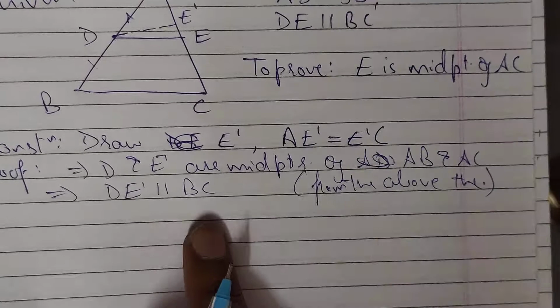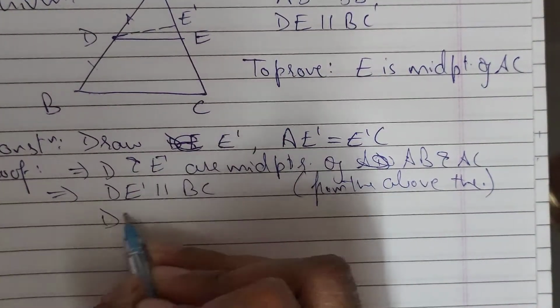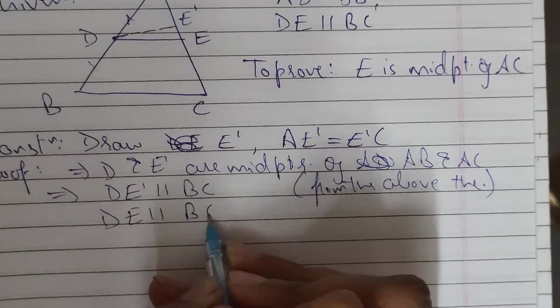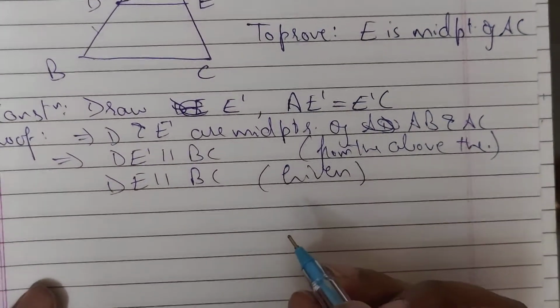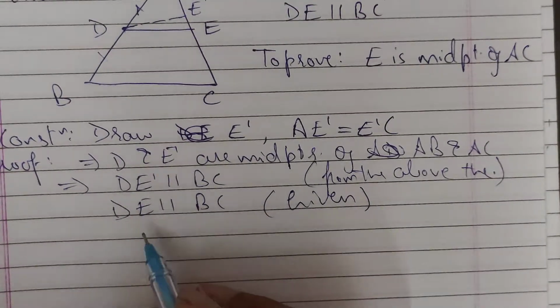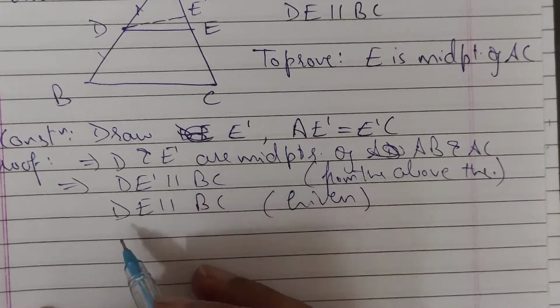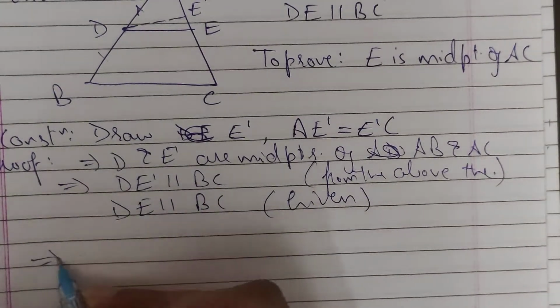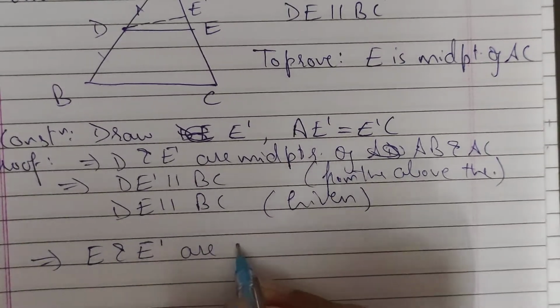So DE dash is parallel to BC, and it is also given that DE is parallel to BC. This can only be possible when E and E dash are the same point.